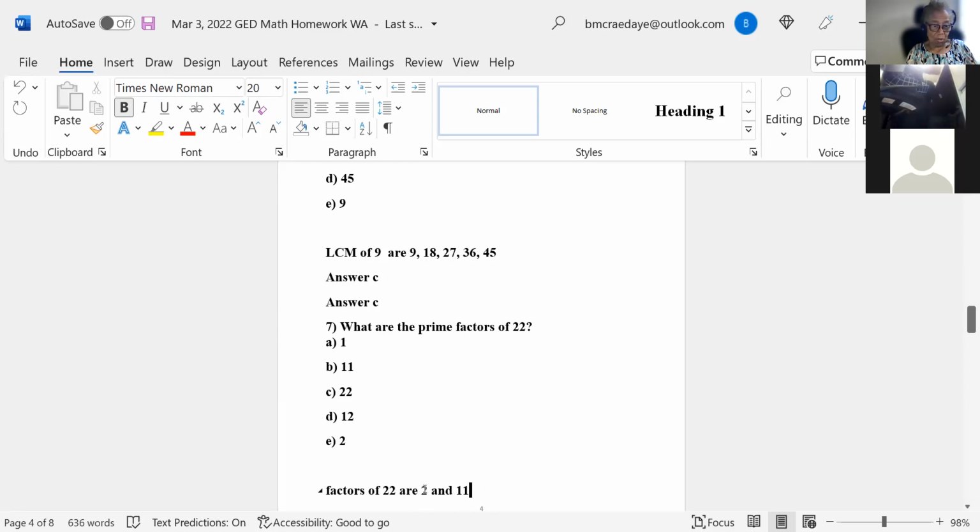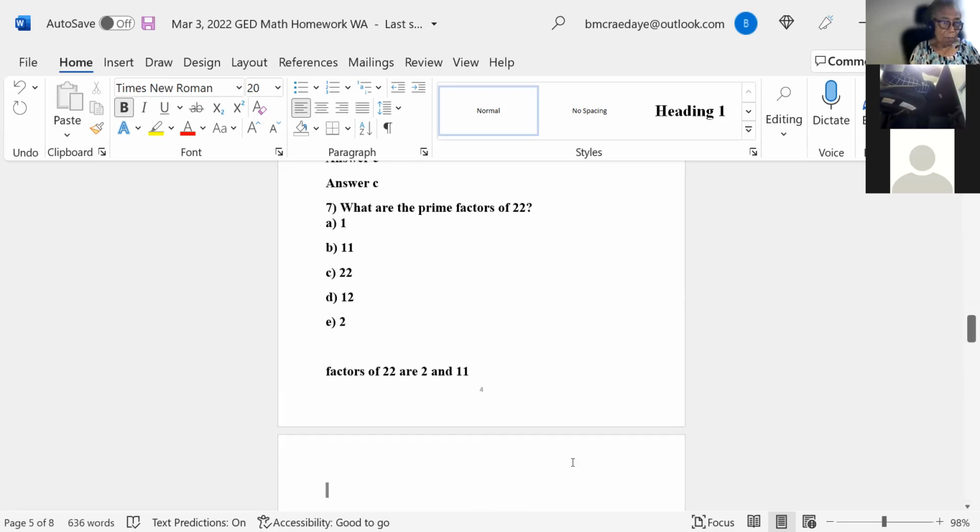2 can only be 2 times 1. 11 can only be 11 times 1. So what would be the answer for number 7, Maureen? B and E, very good. Answer B and E. So remember your prime numbers, numbers that can only be multiplied by themselves and 1.